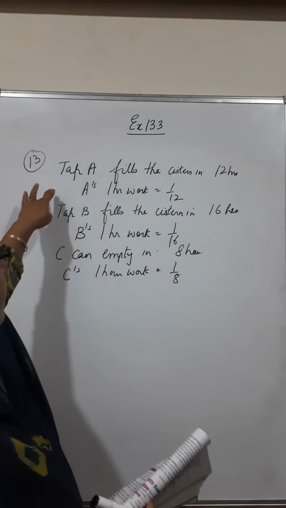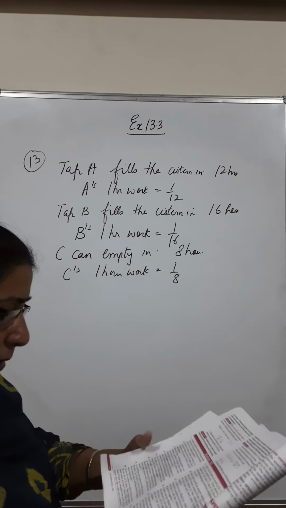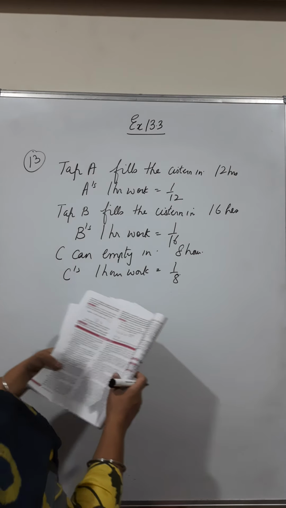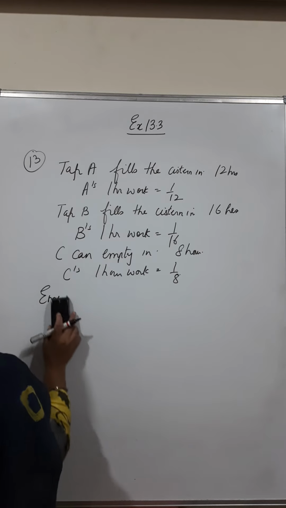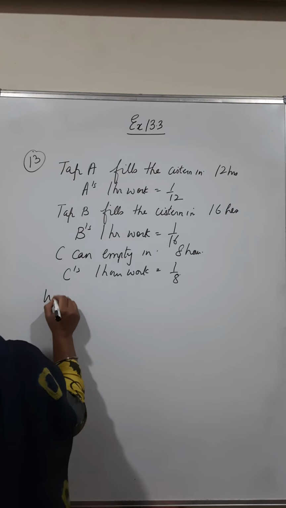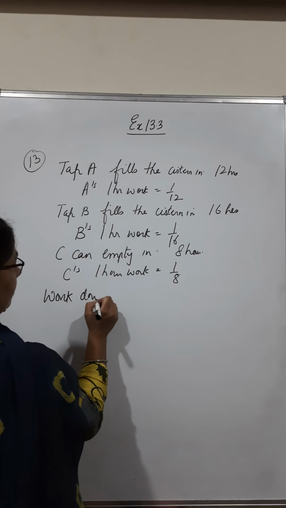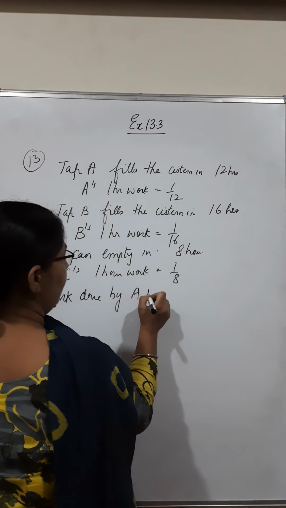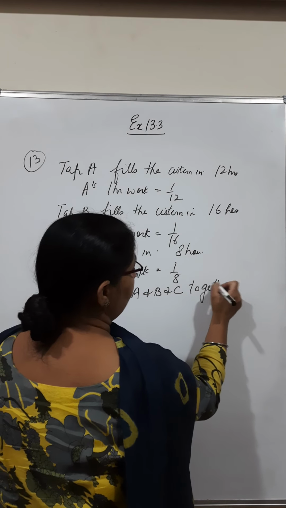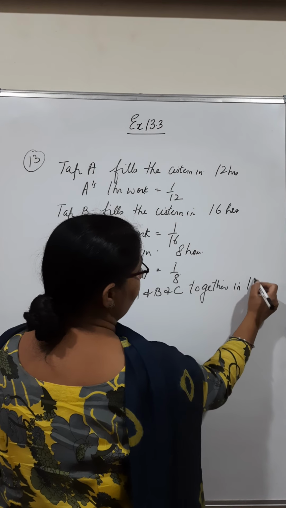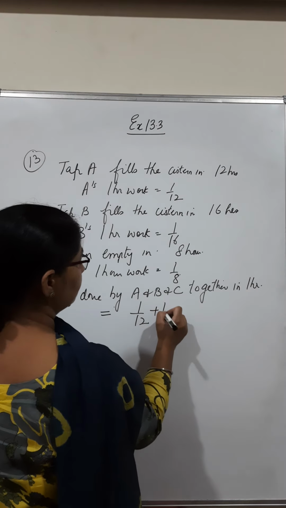Now here A and B are filling. But what is C doing? C is emptying it. So if they all work together, on the empty cistern, work done by A, B and C together in 1 hour will be equal to 1 by 12 plus 1 by 16.